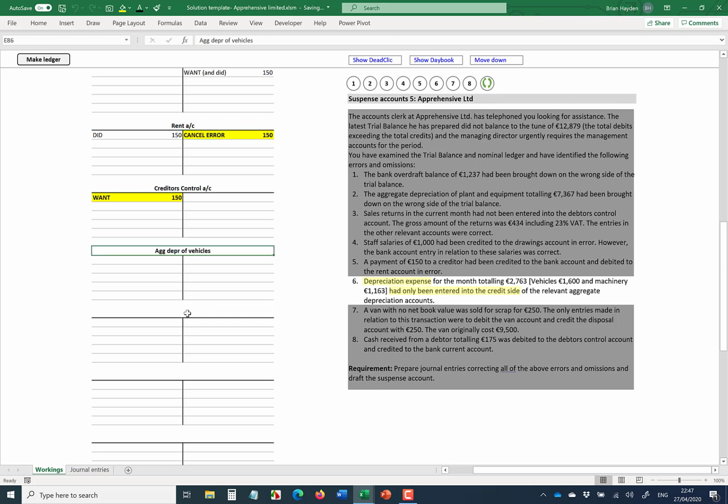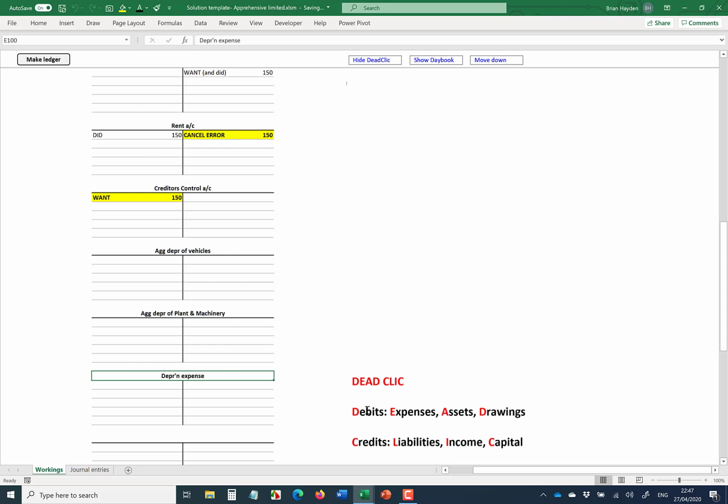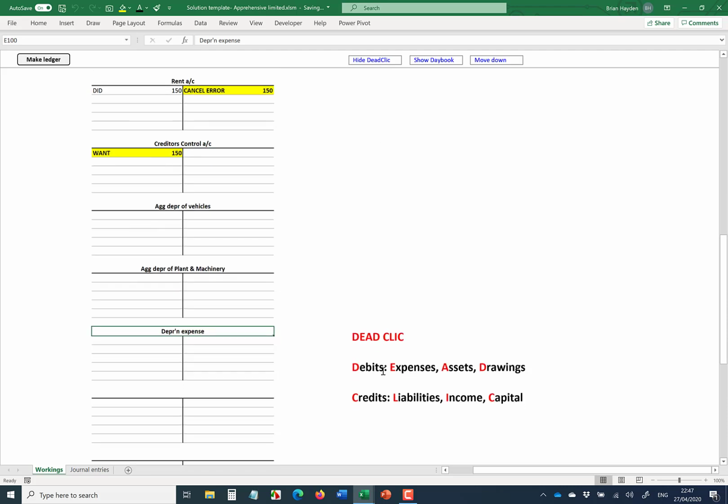So again, this is one that we have seen in other questions, and it's also something that hopefully you recall from when we did asset disposal questions, how to deal with depreciation expense. What do you debit and what do you credit? Now, I suppose the key word there is the word expense. If I see the word expense, that tells me a huge amount about how an expense item is treated. An expense item should go on the debit side of the expense account.